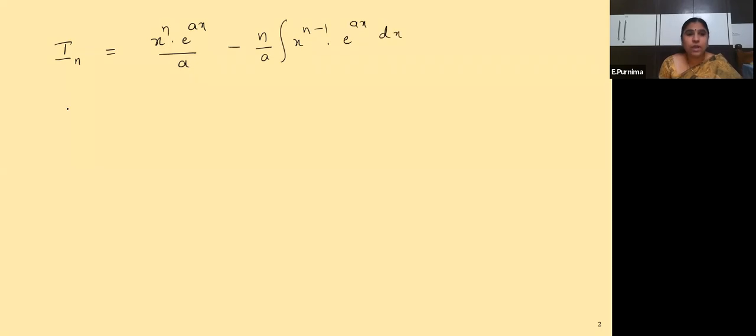Now, what is our In, children? I'll write here again. What is our given sum? Integral of x to the power of n into e to the power of ax. This is your In. Now, if you observe the term you have got here, it is almost similar to our given function or not? x to the power of n into e to the power of ax dx.